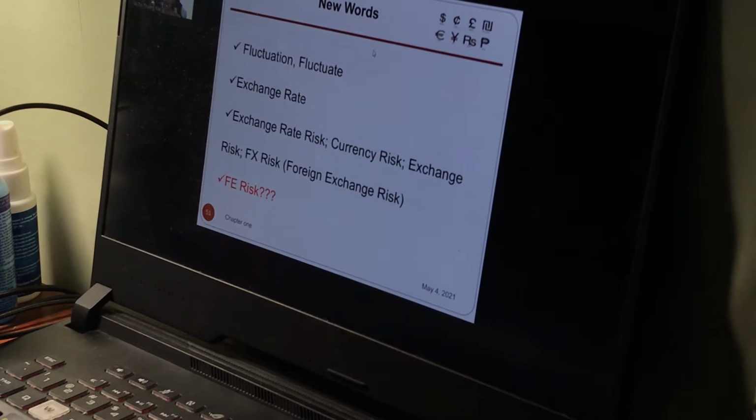You sign the contract today, I mean the 4th of May 2021, and you will pay in 3 months, I mean in August. What do you think about the exchange rate between US dollars and Vietnam đồng at that time?